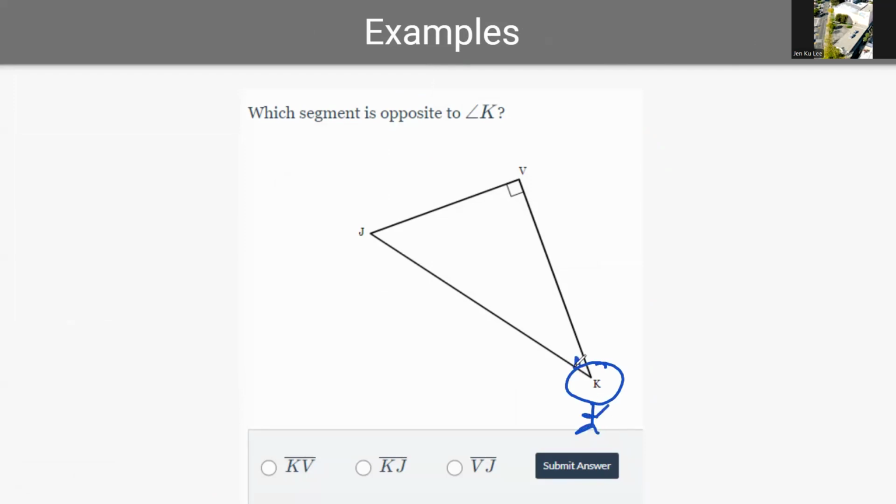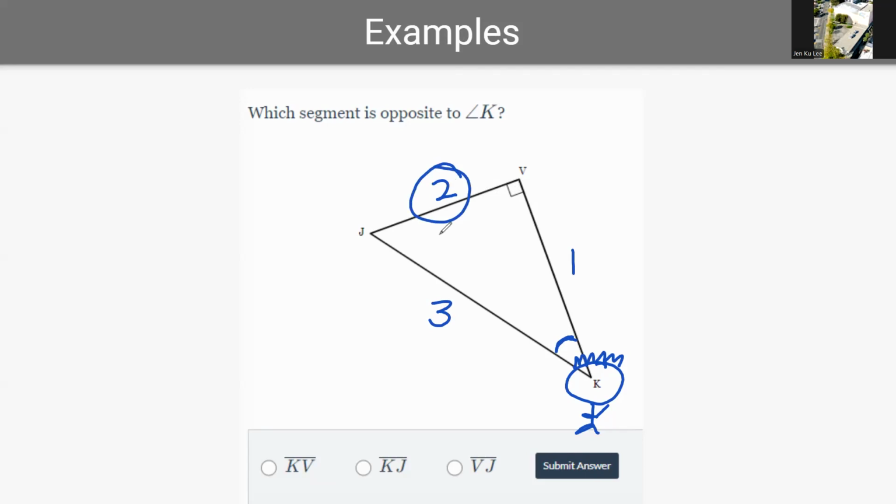You don't have to draw the person every single time, but I just like to. Okay, there's angle K. Which side is opposite? Is it KV? Is it this side here? Is it side 1, side 2, or side 3? With your finger, 1, 2, or 3? 2, right? Yeah, it's 2.